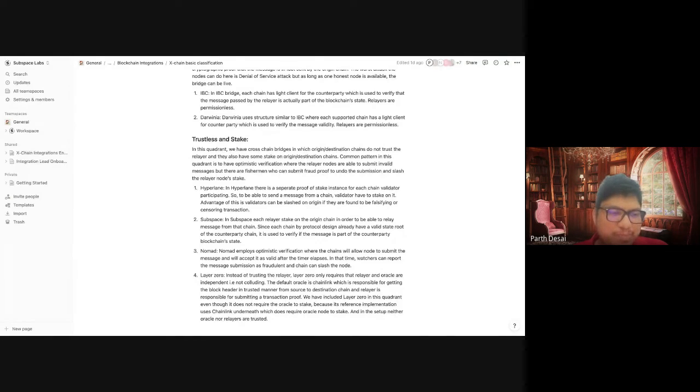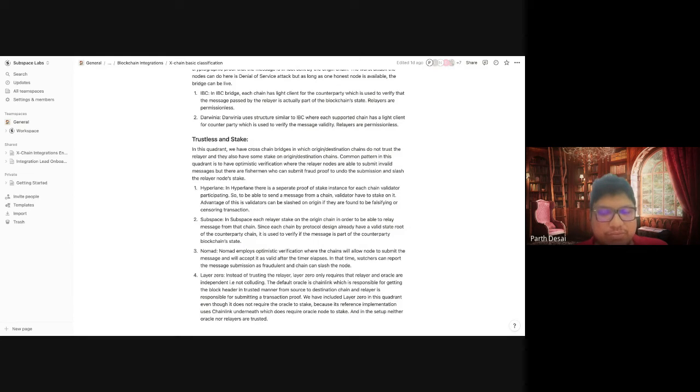So by that logic, we have included LayerZero here. And if we go by that, there is a property of independence: for the relayer and oracle, there is no trust as such on both of these. It's just that the weaker property is held as long as they both are independent.